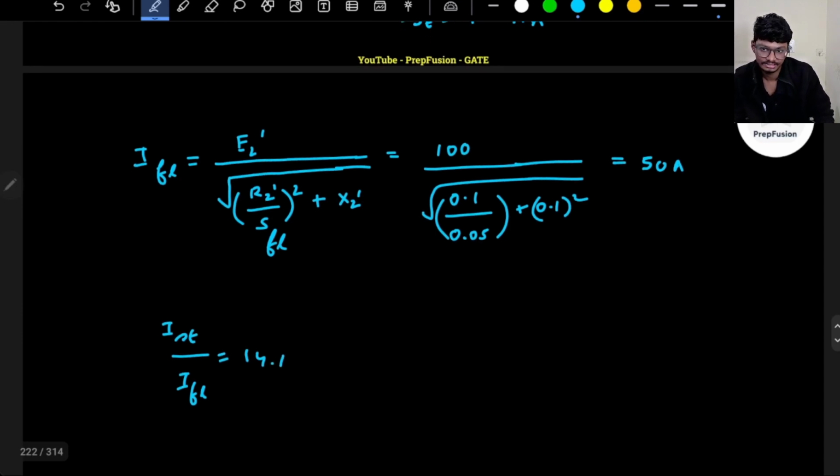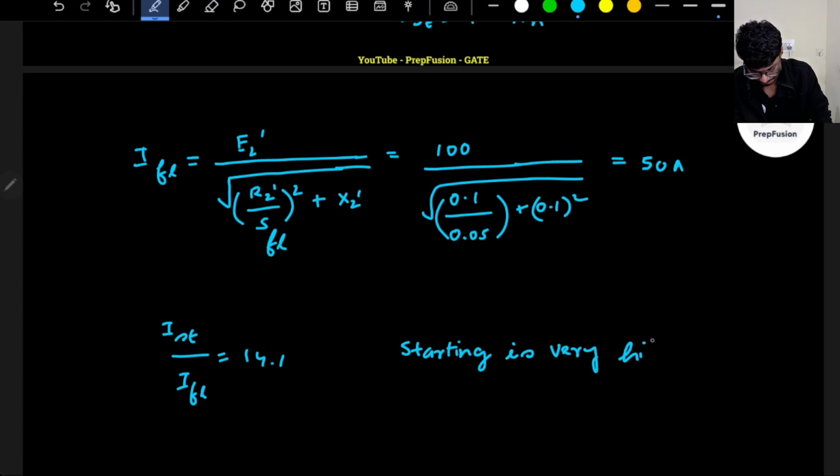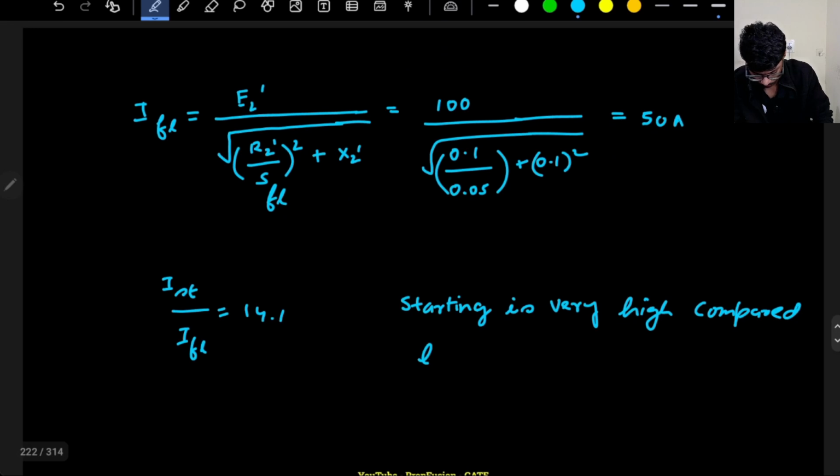So basically what I can say is the starting current is very high compared to full load current. How can I understand this intuitively? Initially the motor is at rest.